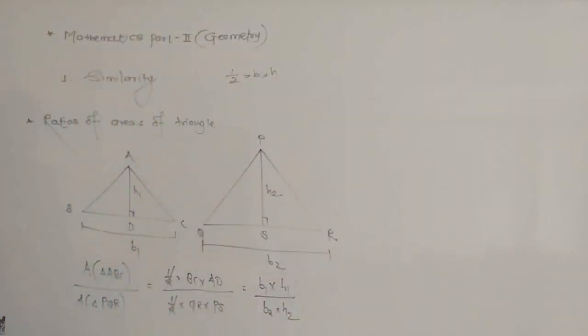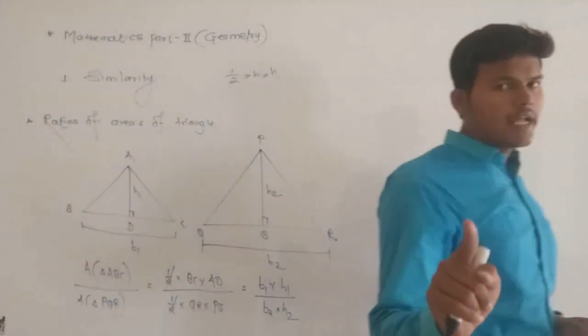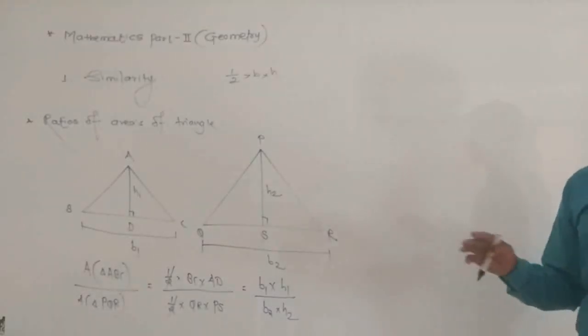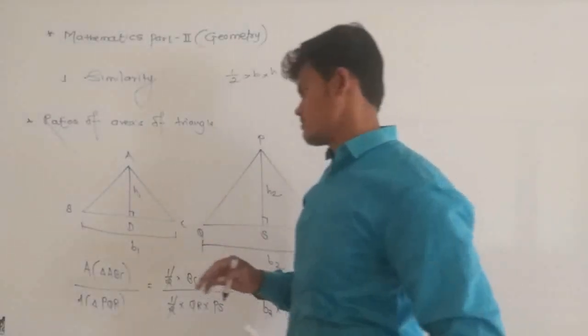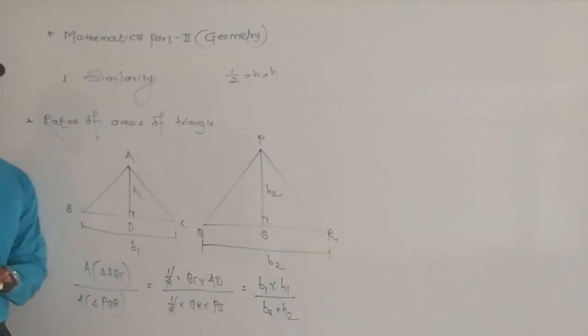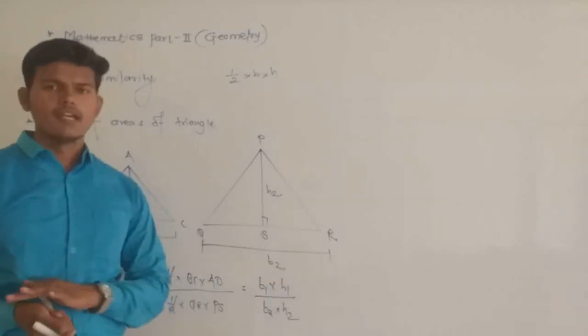So the first property of ratio of area of triangle is: if two triangles have no common height and no common bases, no heights are equal and no bases are equal, then ratio of area of triangles is equal to the ratio of the product of their bases and corresponding heights.